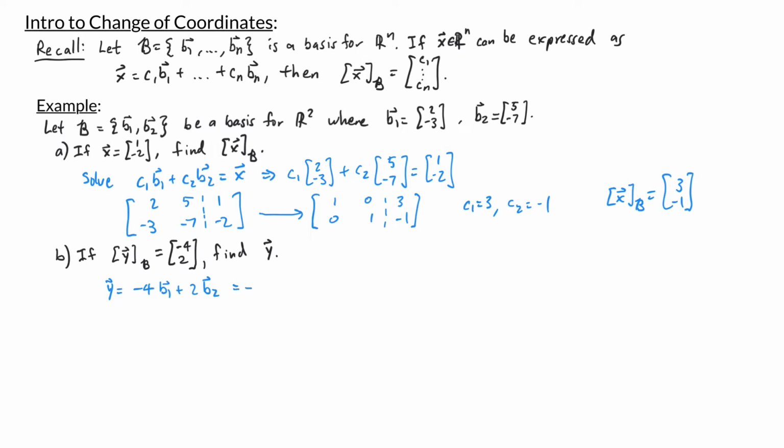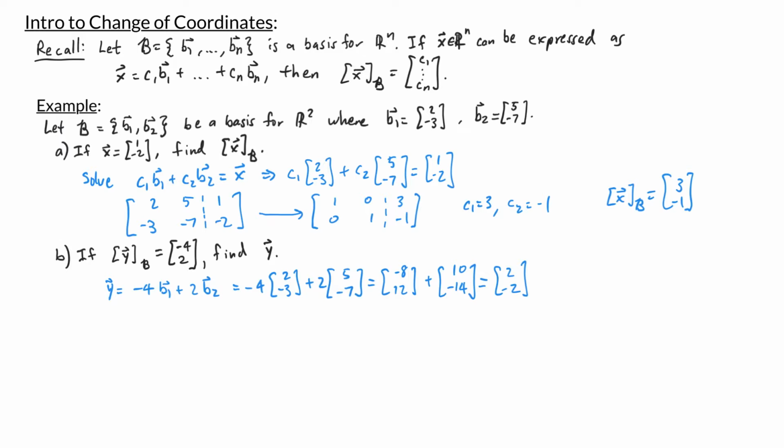So that's -4 times the vector 2, -3 plus 2 times the vector 5, -7. So that gives me -8, 12 plus 10, -14, which is 2, -2. So 2, -2 are the standard coordinates for the vector y.